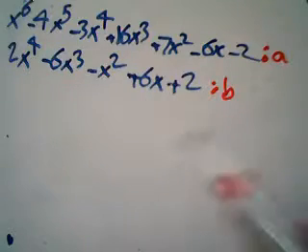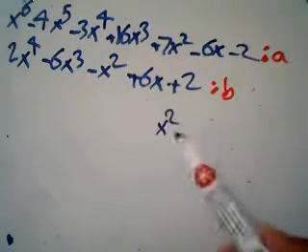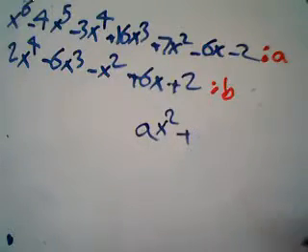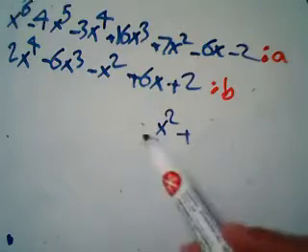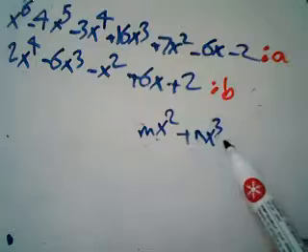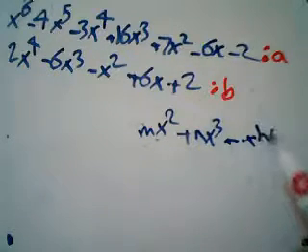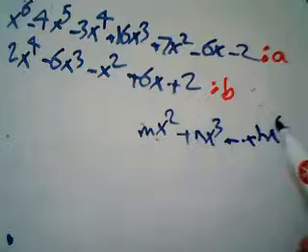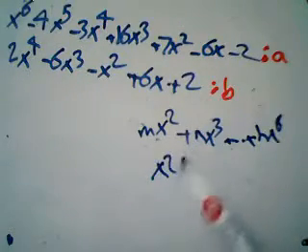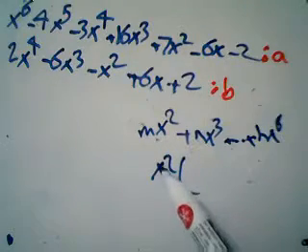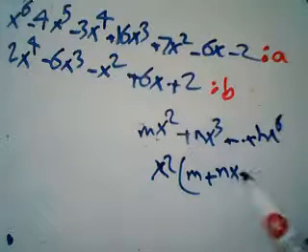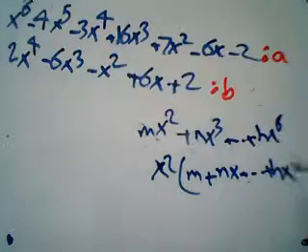So it would be something like: m times x squared plus n times x cubed plus h times x to the 6. Okay, and we could write it as, we could take x squared outside, and that would be m plus nx plus h x to the 4.